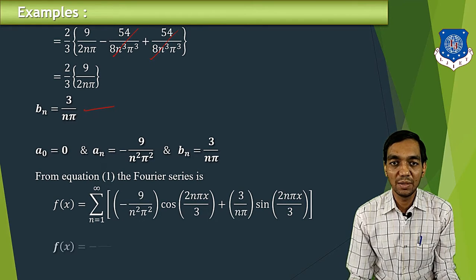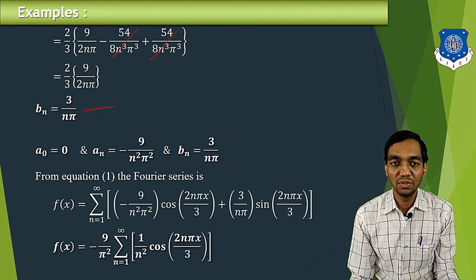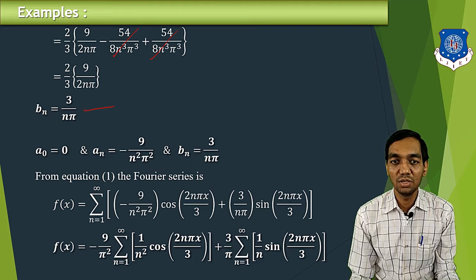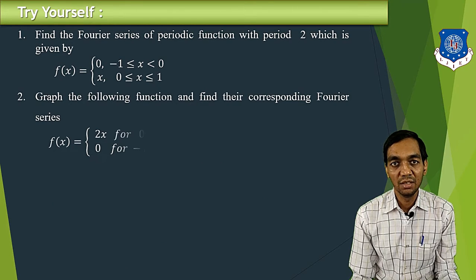Simply separate the terms and write it in a simple form. That will give you minus 9 upon pi square into sigma n running from 1 to infinity 1 upon n square cos 2n pi x by 3 plus 3 upon pi sigma n running from 1 to infinity 1 upon n sine 2n pi x by 3.